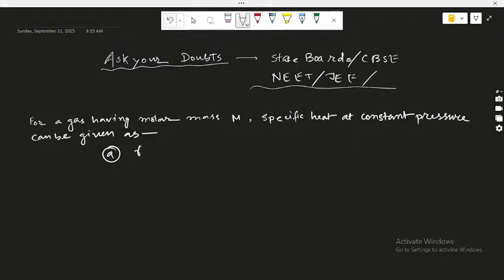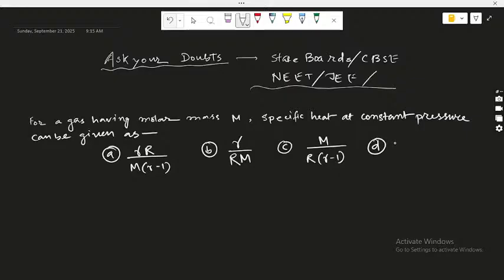First option is gamma R divided by M, gamma minus 1. Option B, gamma by RM. Option C, M divided by R, gamma minus 1. And D, gamma RM divided by gamma plus 1.